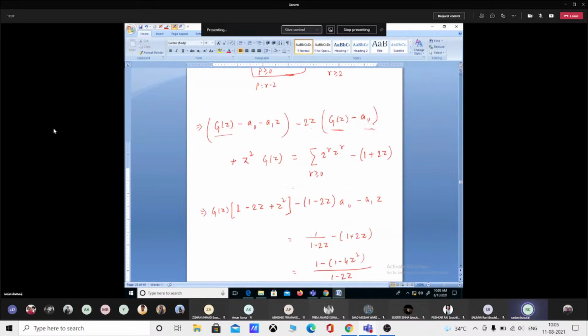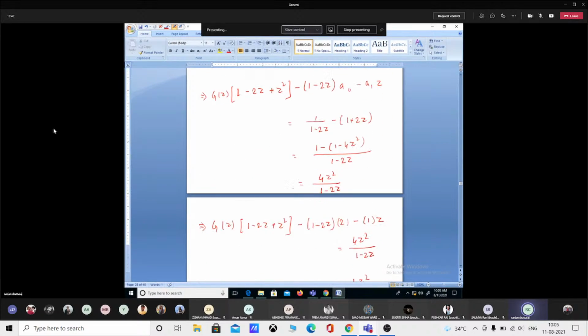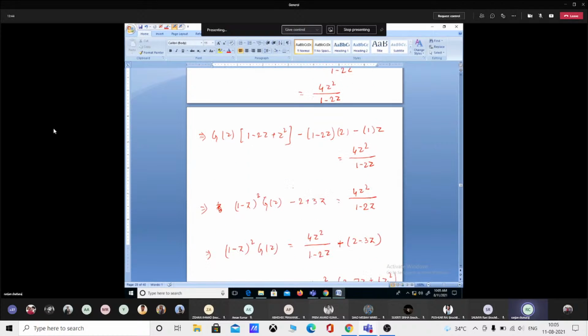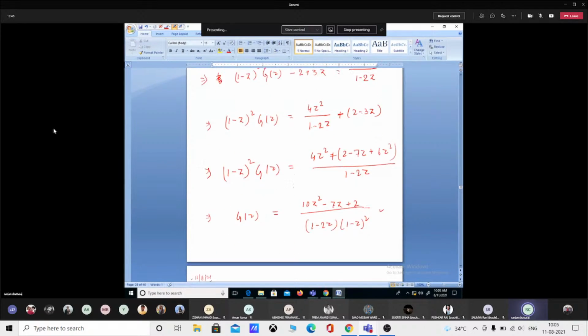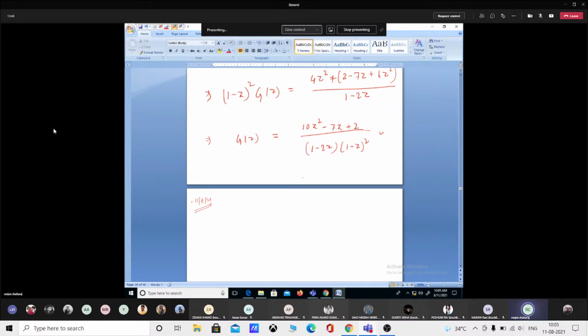Now once you get G(z) in terms of z, our aim is to expand this one. First you find G(z). Now we proceed with this one.